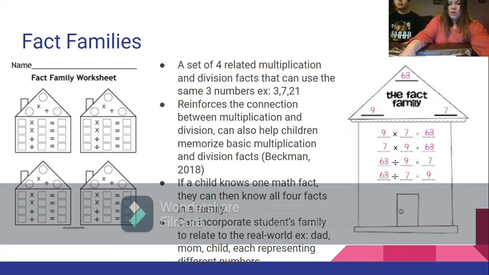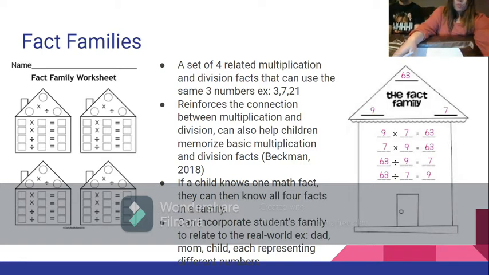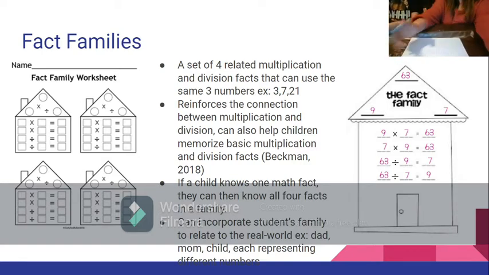Students can also incorporate family to relate to the real world. For example, a dad, mom, and child, each representing different numbers. So we will use 3, 7, and 21.